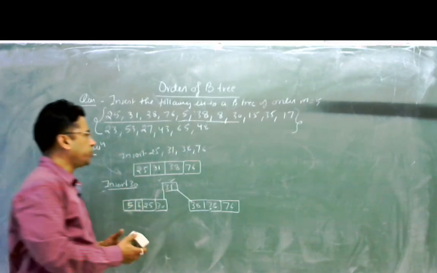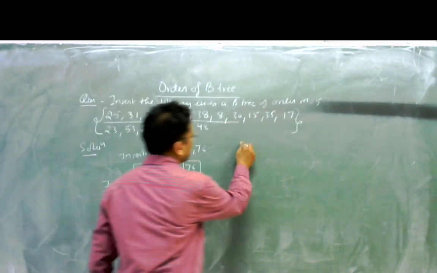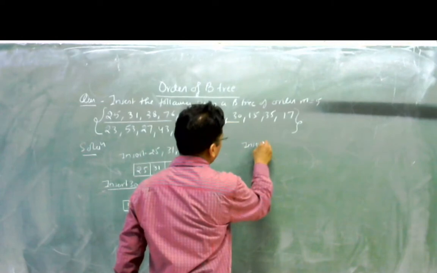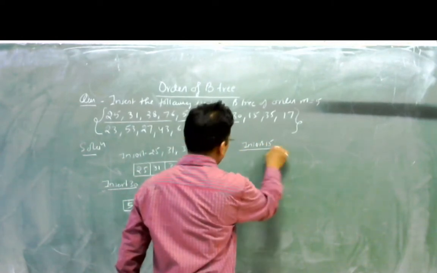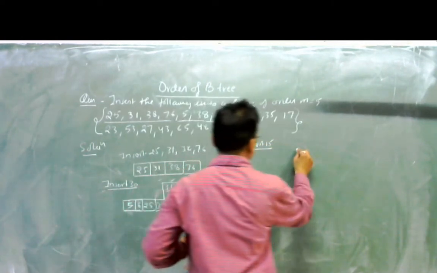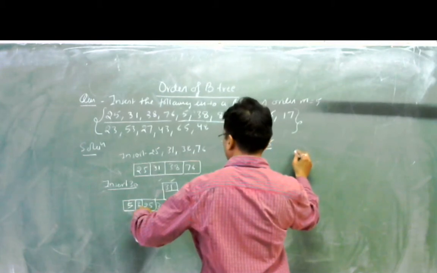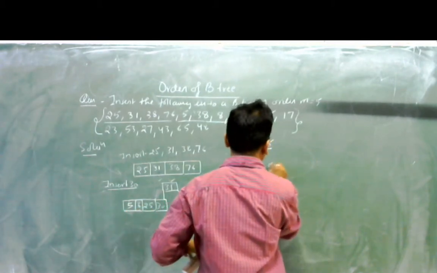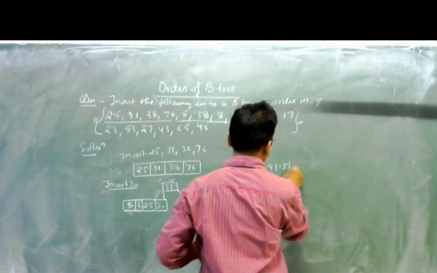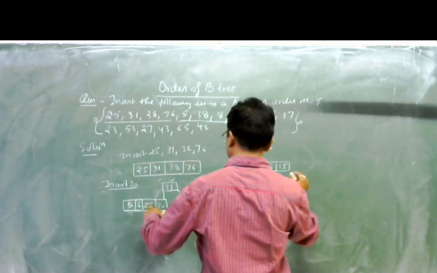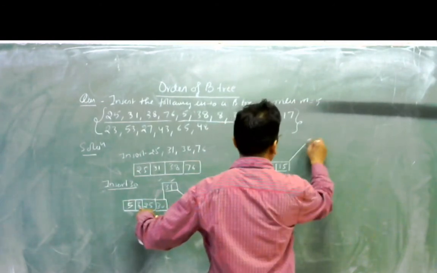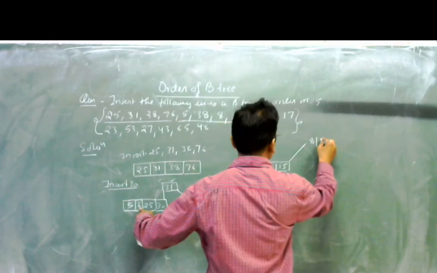So after splitting, insert 15. Then splitting will take place and it would be like this. Then 5, 15, and this element 8 will go up to the root level.